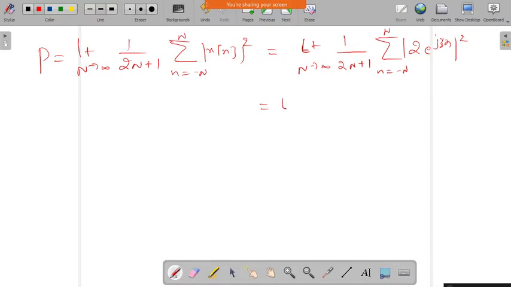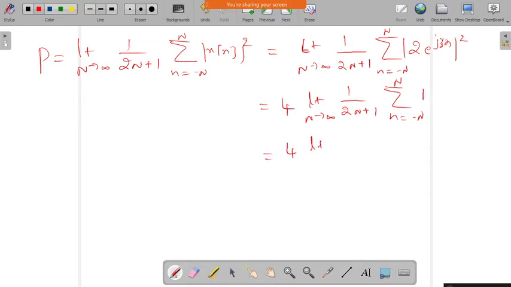So take this 4 out, limit N tends to infinity 1 over 2N plus 1 summation n equal to minus N2 plus N, this is again e power j6n, the magnitude is 1.